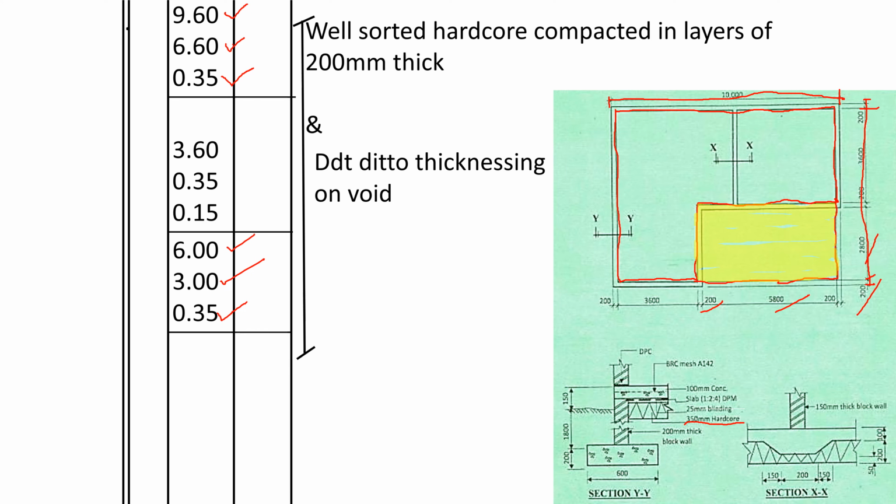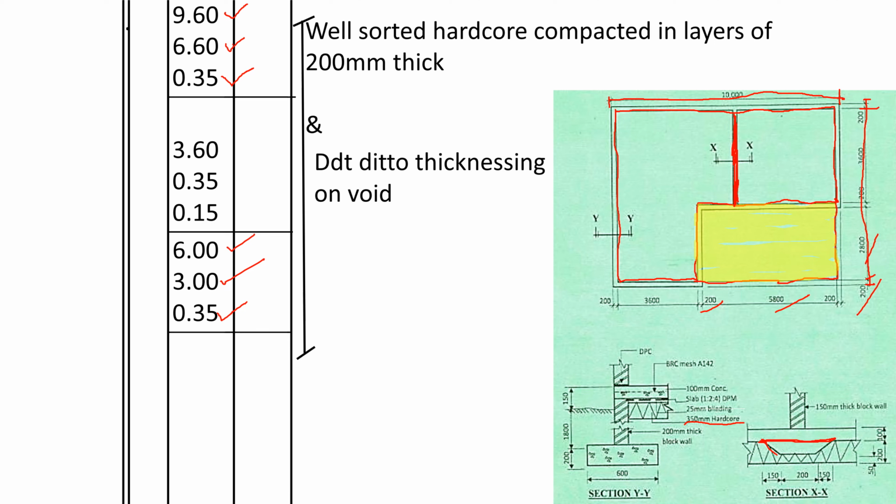Then we have this thickening that has happened below the wall. For this wall passing here in between, I'm shading it in red. We are thickening the wall with concrete below here, so it shall reduce the volume of hardcore and add the volume of concrete.